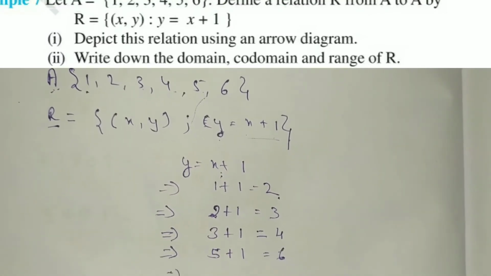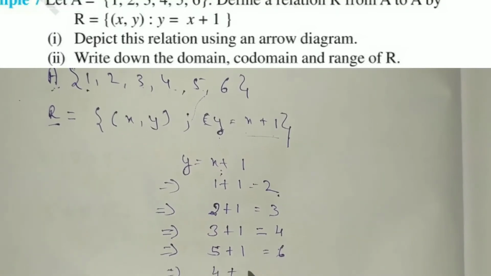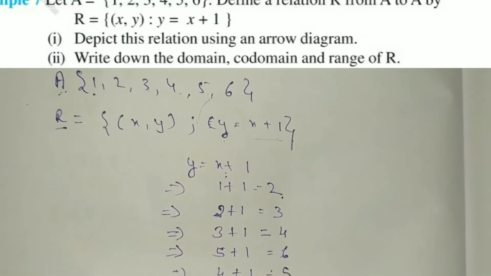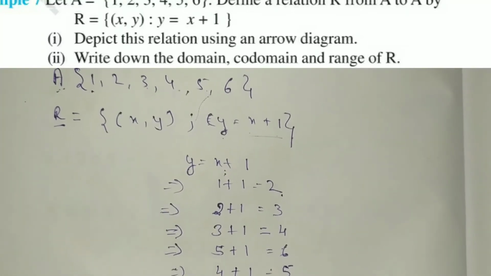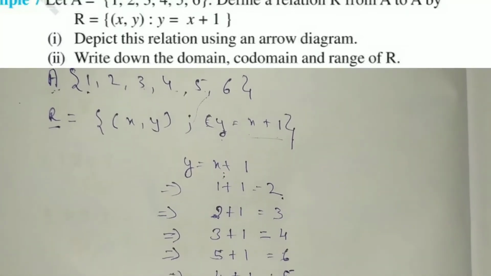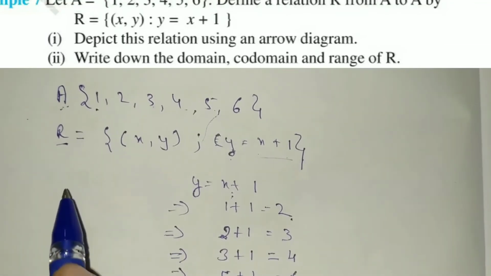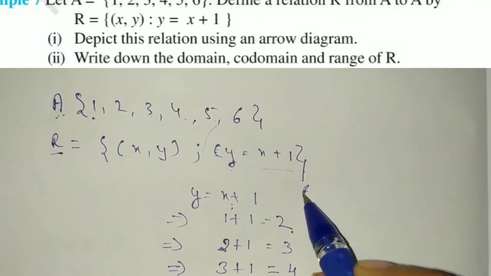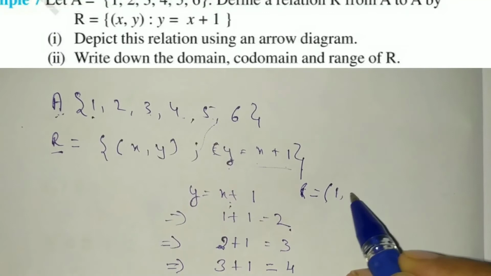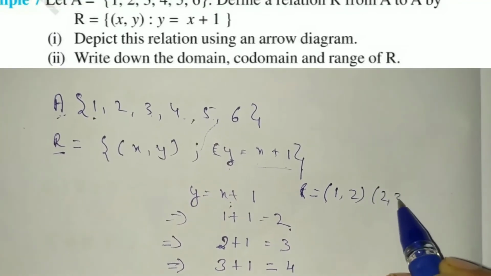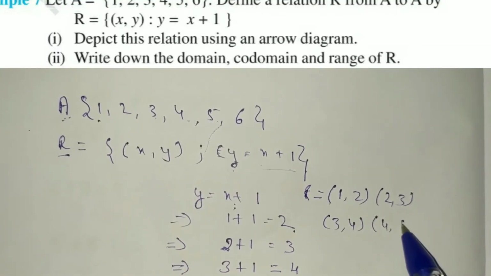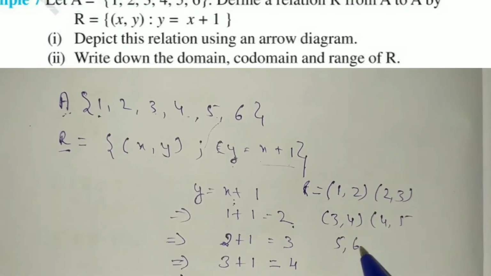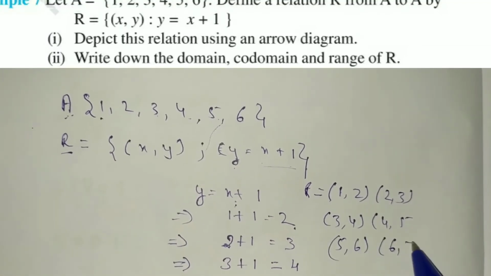By considering the value of x equal to 4, we will get the value of y equal to 5, and by considering the value of x equal to 6, we will get the value of y equal to 7. So our relation R is equal to (1, 2), (2, 3), (3, 4), (4, 5), (5, 6), (6, 7).